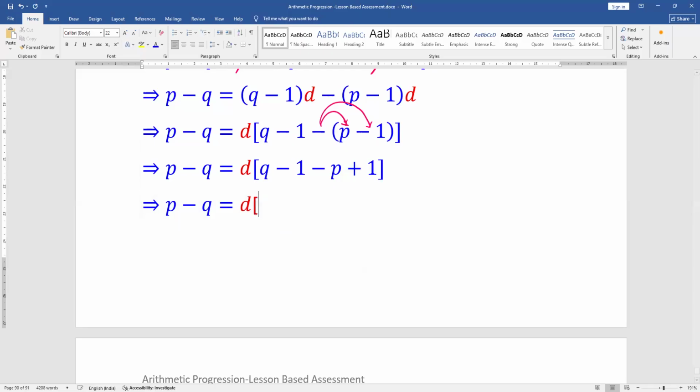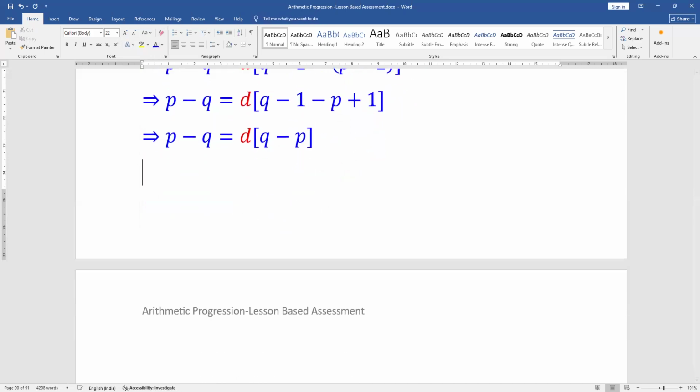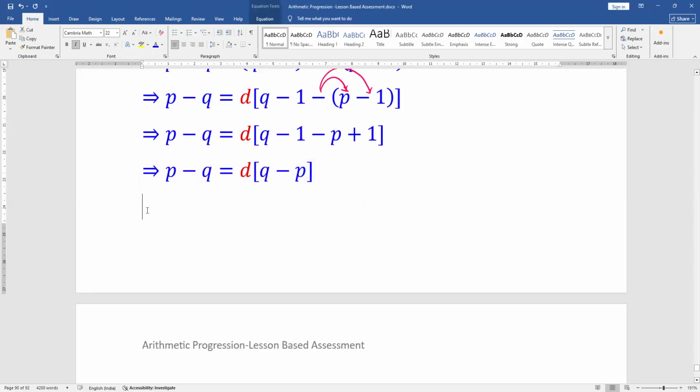Then we get Q minus P, correct? So I write Q minus P and close it. Now next step, P minus Q will be as this, no changes.